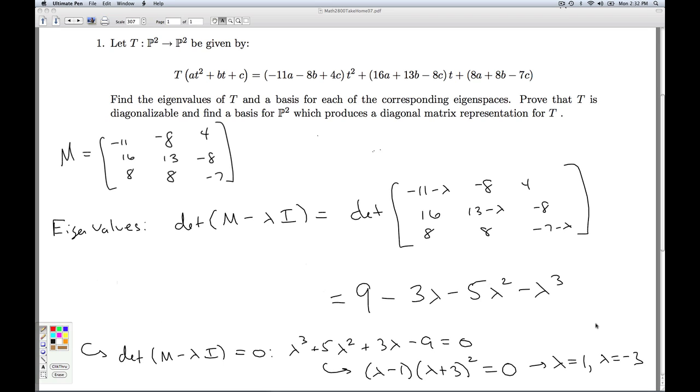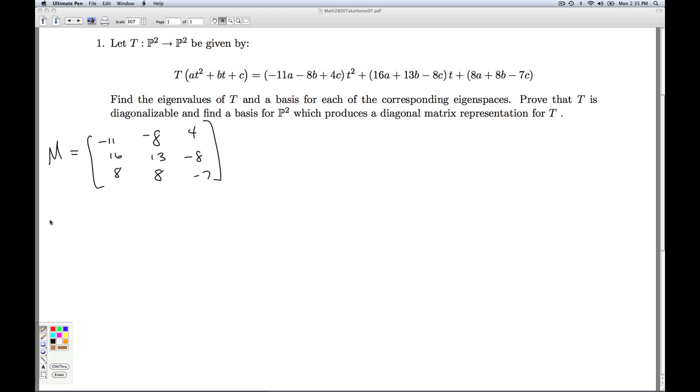Now this is where things could go awry, because the lambda equals negative 3 eigenvalue is of algebraic multiplicity 2. So in order for T to be diagonalizable, we need an eigenspace here with dimension 2. Okay, so let's go looking for those eigenspaces.